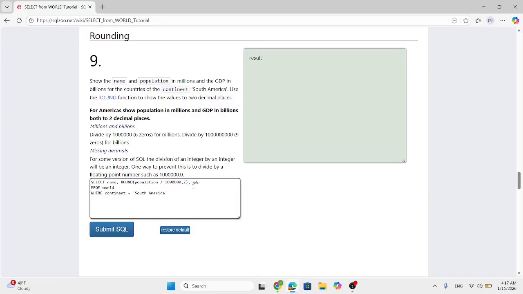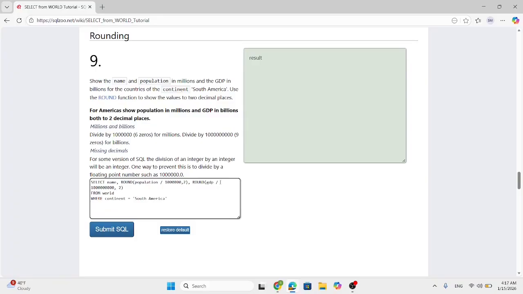We are closing this, and then we are again opening one round statement for GDP, divided by a billion, and also this one 2.